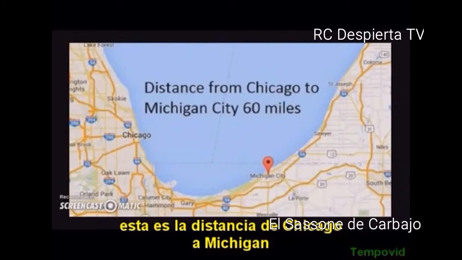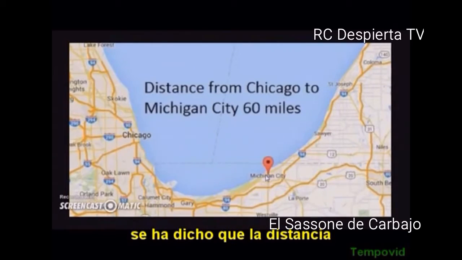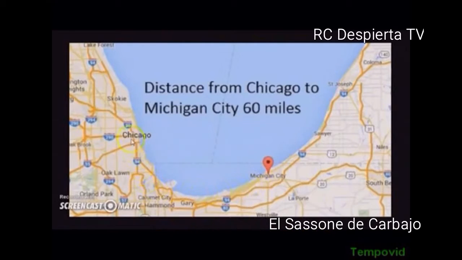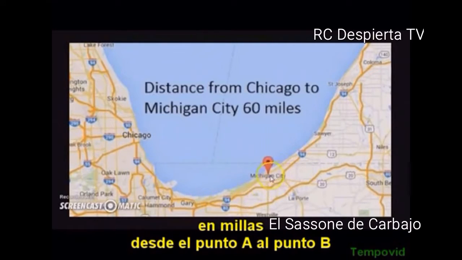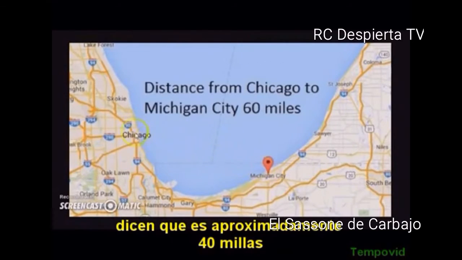And there was a dispute as far as the distance from Chicago to Michigan City, Indiana, and I want to clarify this. It's been stated that the distance is driving miles. Now, from point A to point B across the lake, they say it's approximately 40 miles.